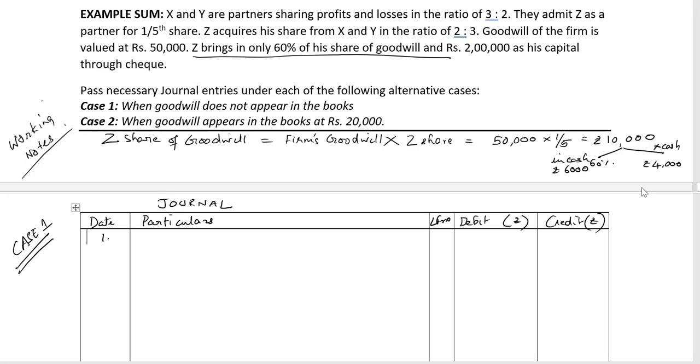The first journal entry is for the capital and the premium for goodwill brought in by Z. So we have bank account debit to Z capital account, to premium for goodwill.